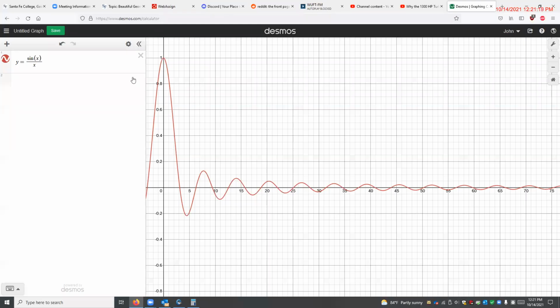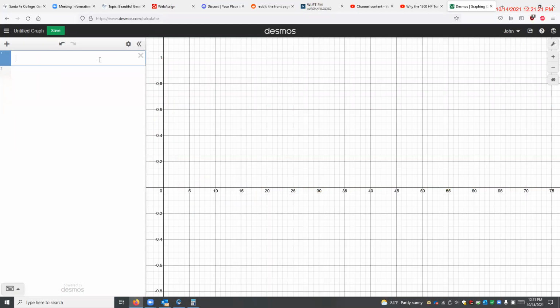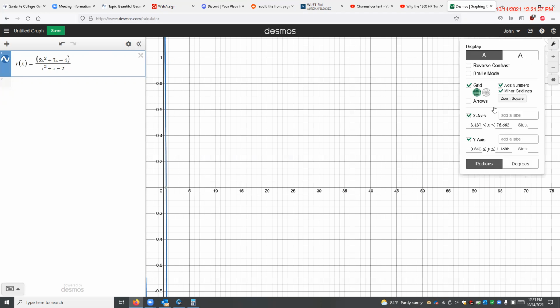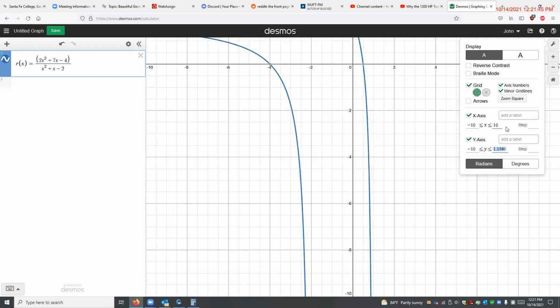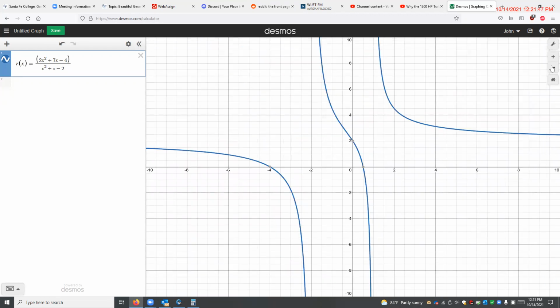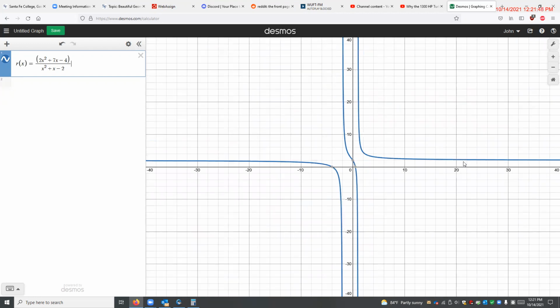This function's wild, isn't it? I love this thing. We called our function r of x, and it was 2x squared plus 7x minus 4, all divided by x squared plus x minus 2. And let me set my scales back to something normal. There we go.